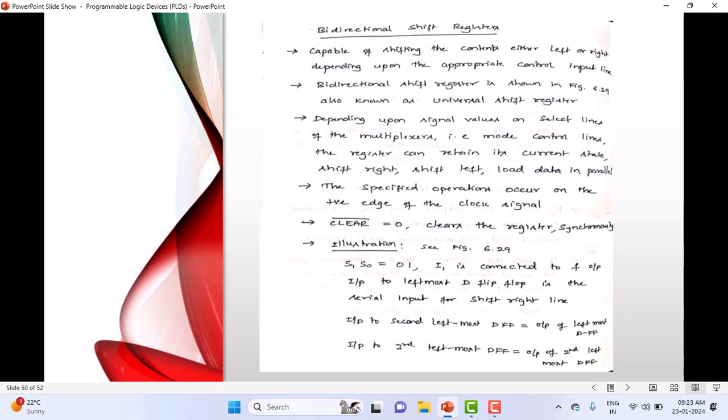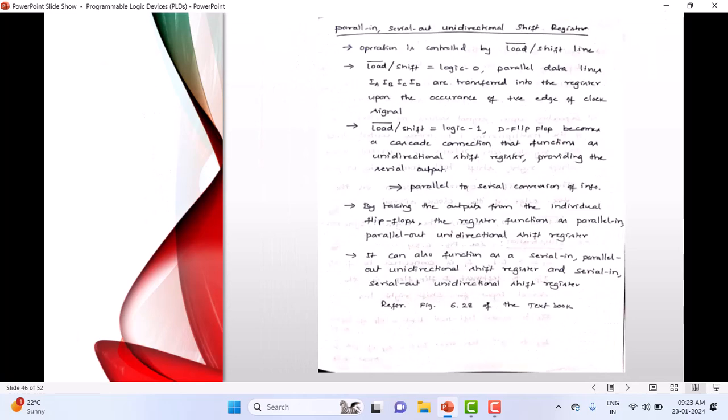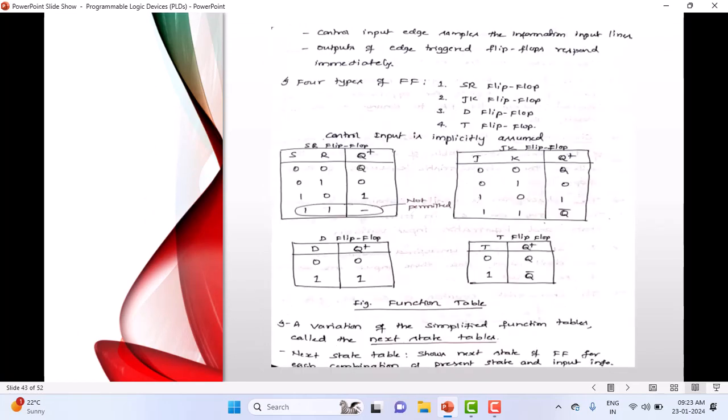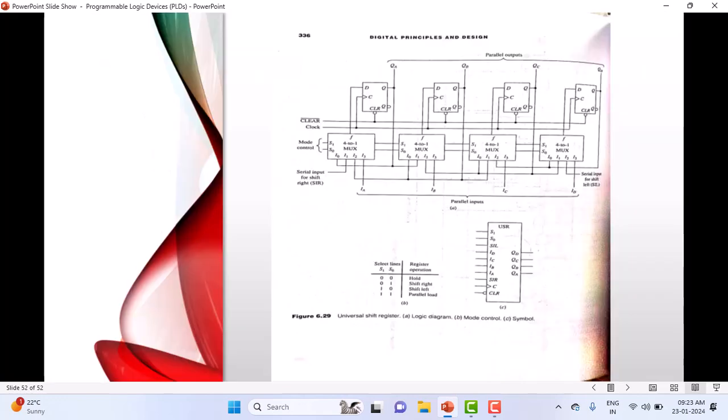This is another example. We can use this as a circular shift register also.